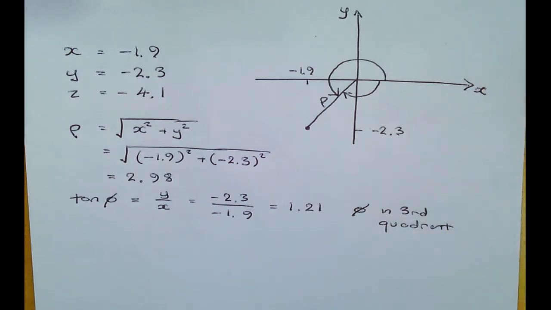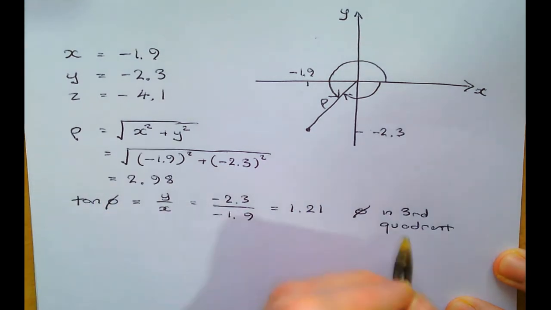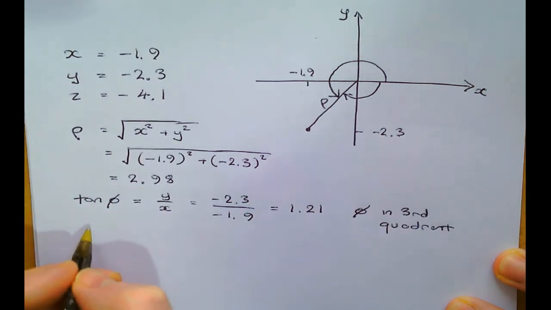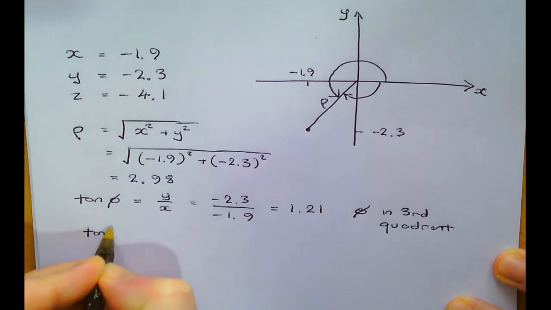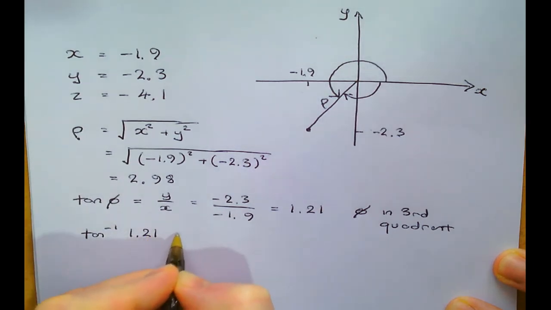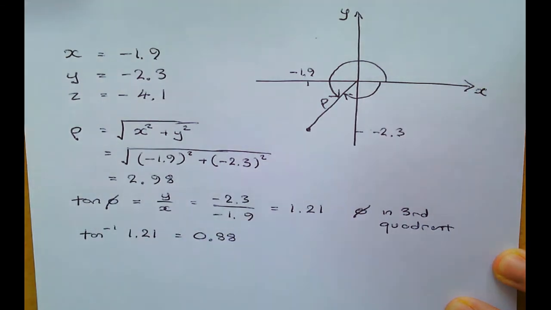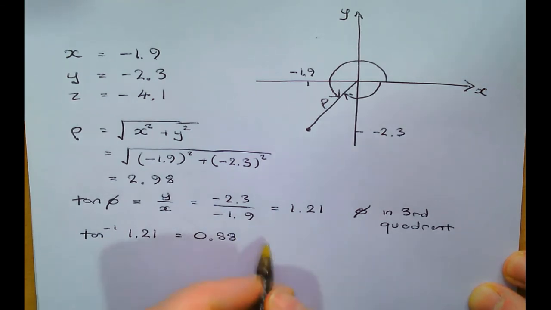So phi is in the third quadrant here. Well, what happens when we take inverse tan of 1.21? So inverse tan of 1.21, it turns out is 0.88, working in radians.